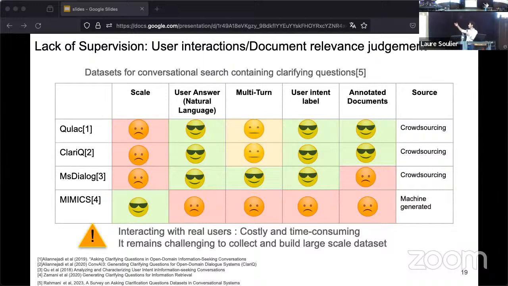Usually you can see that datasets like FULAC or Clark contain user answers and are multi-turn or annotated examples, but they don't scale much. And when the datasets scale, they don't have annotated documents.